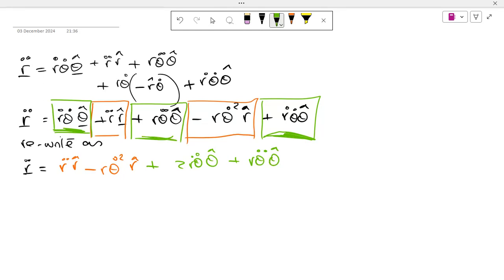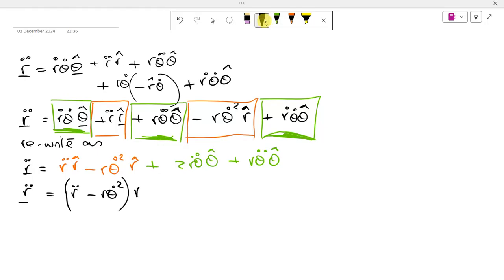There, so that's plus that third one there. So this can be rewritten as r double dot equal to r double dot minus r theta dot squared.